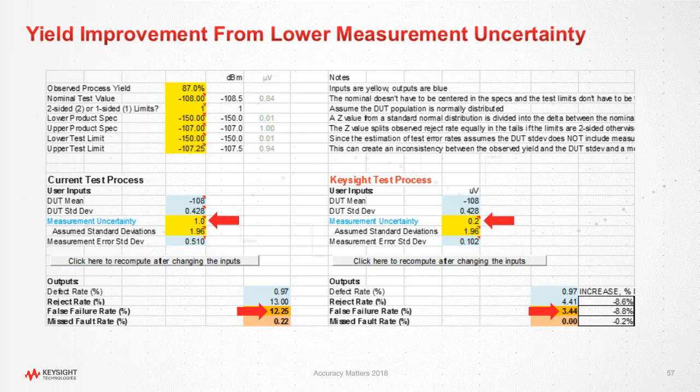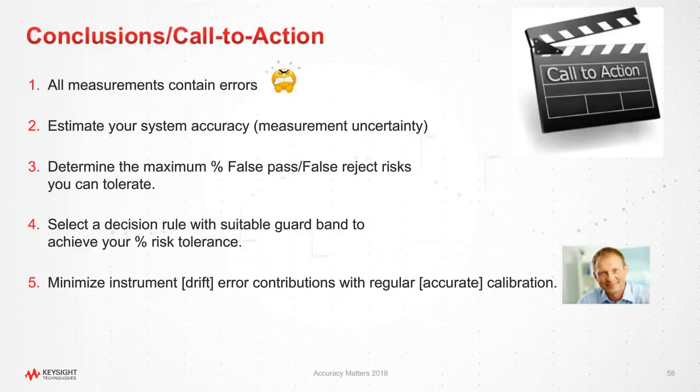So with that, I'd like to conclude. Hopefully, I've reminded you that all measurements contain errors, and therefore it's important to estimate the sources of error and determine your system accuracy, or as we've said today, measurement uncertainty. Then the next step is, how much false pass or false reject risk can you live with? That'll be different for every company, every organization, and perhaps different departments.